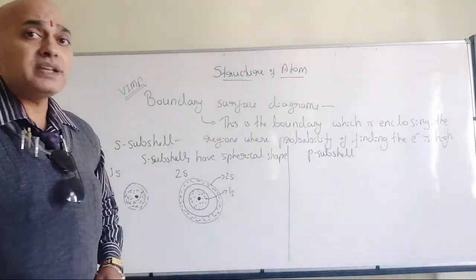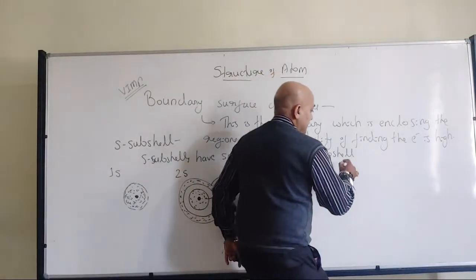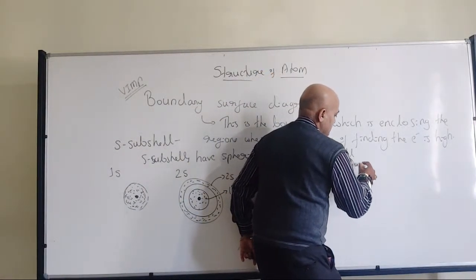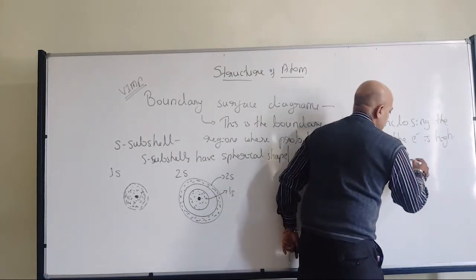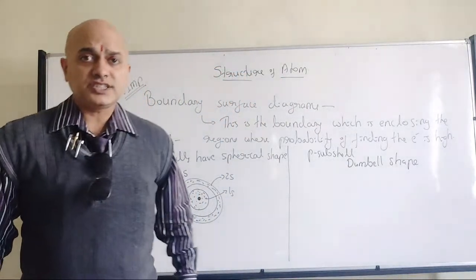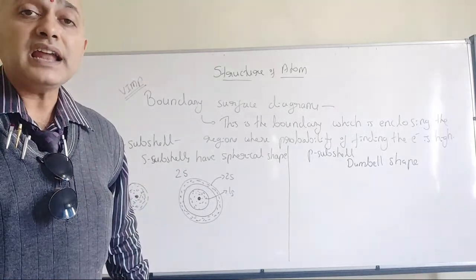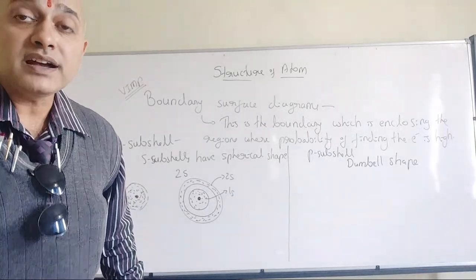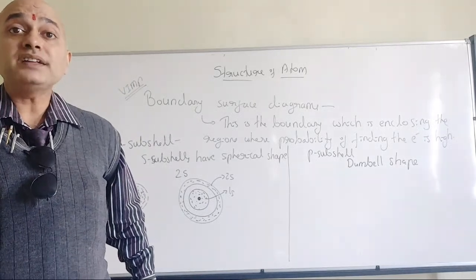Now when it comes to the P subshell, it is having a dumbbell shaped structure. And all of us know, P subshells have 3 orbitals.